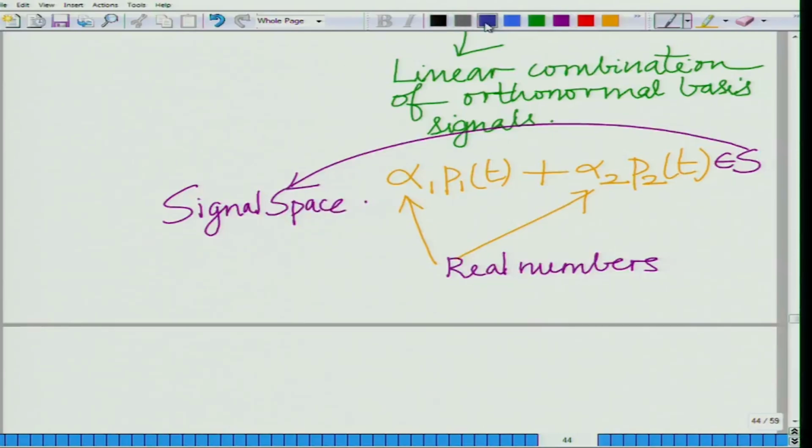So, all such linear combinations are elements of the signal space S.